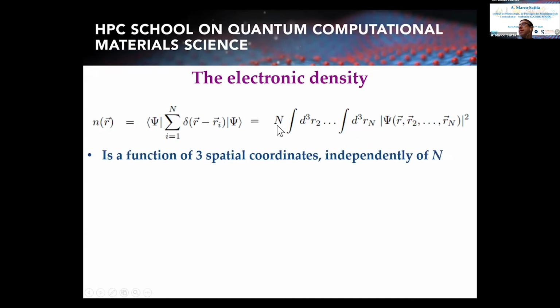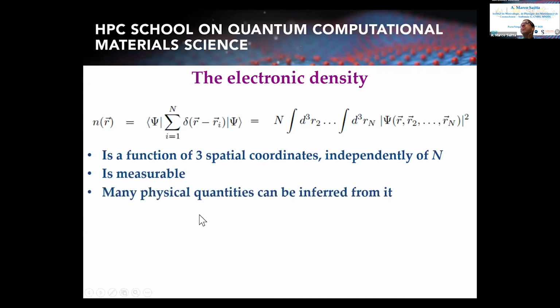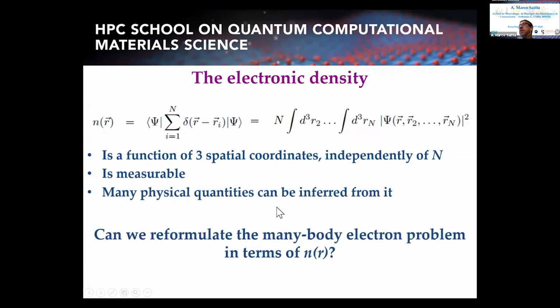Whatever the number of electrons, you still have one definition of the electron density in real space, which is measurable, a useful property, and many physical quantities, not all, but many, can be inferred from the electron density.